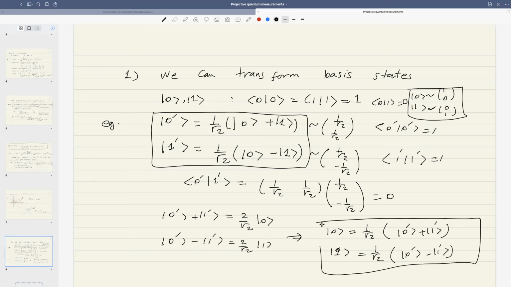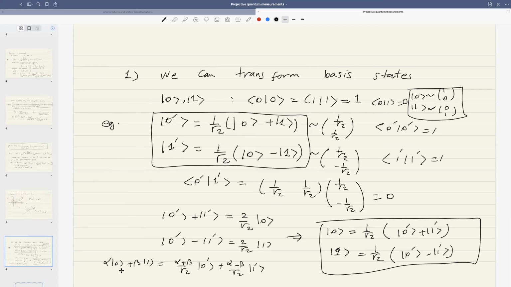So now if I have any linear combination, suppose I have alpha 0 plus beta 1, I just plug in, right? For 0, I write this linear combination. For 1, I write this linear combination. I recombine the terms. So that seems to be (alpha plus beta) over square root 2 times 0 prime plus (alpha minus beta) over square root 2 times 1 prime.